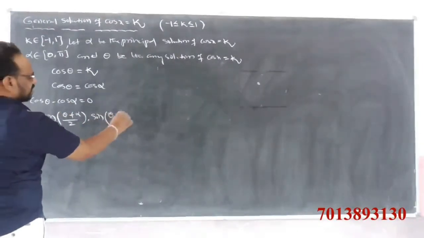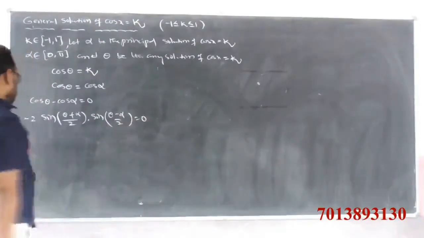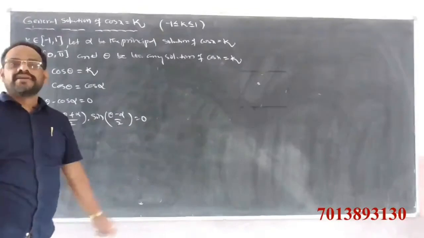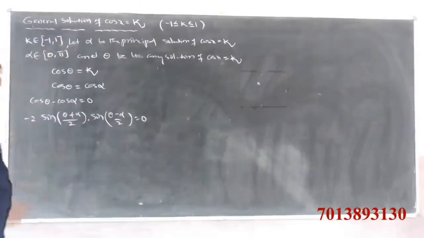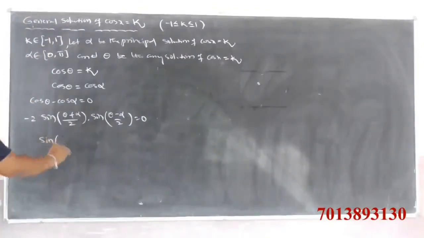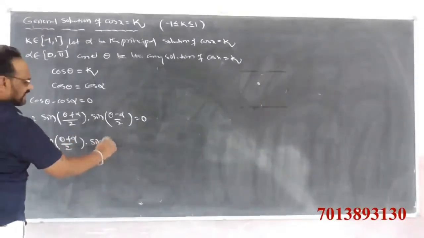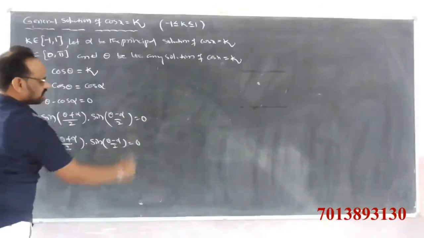So minus 2 sin of (theta plus alpha) by 2 into sin of (theta minus alpha) by 2 equals 0. If you transpose minus 2 from LHS to RHS, it becomes division, and 0 by anything is 0. We get sin of (theta plus alpha) by 2 into sin of (theta minus alpha) by 2 equals 0.